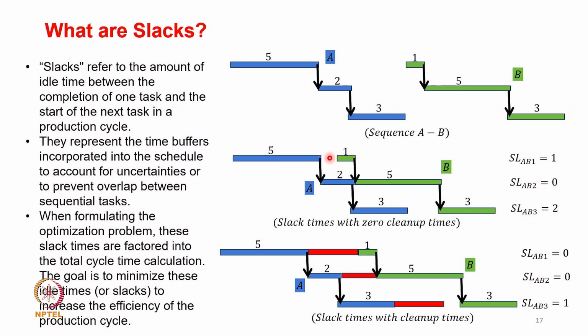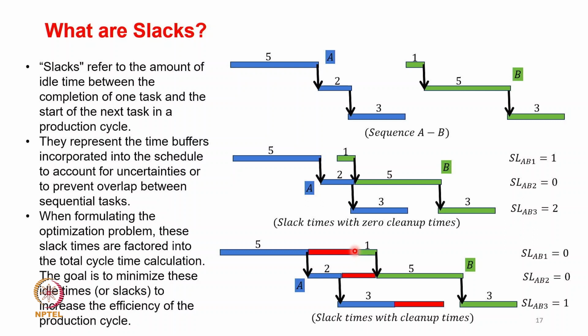You see that there is no slack in between, because the time for slack has been taken for cleanup. Only in the last case there is some amount of slack. Otherwise, all the buffer time that we see here has been utilized for cleaning up the entire process.